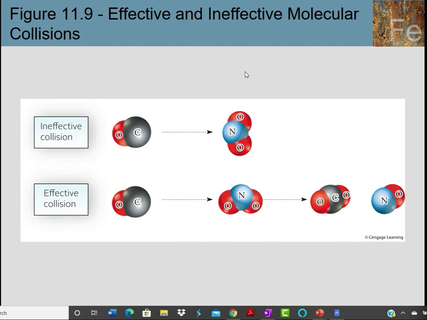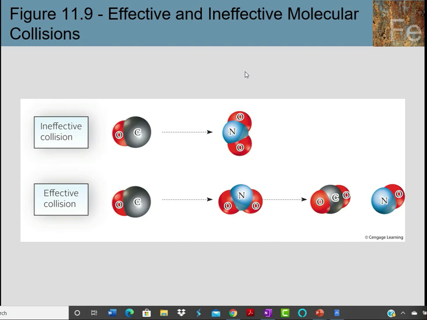Look at this example. We're going to use this example a couple times over in this video. You have carbon monoxide on the left colliding with nitrogen dioxide on the right. If the carbon bangs into the nitrogen dioxide at the nitrogen, nothing happens.